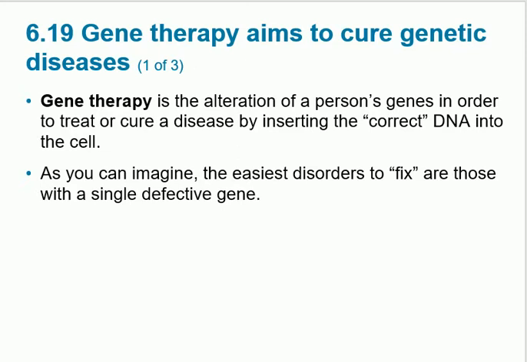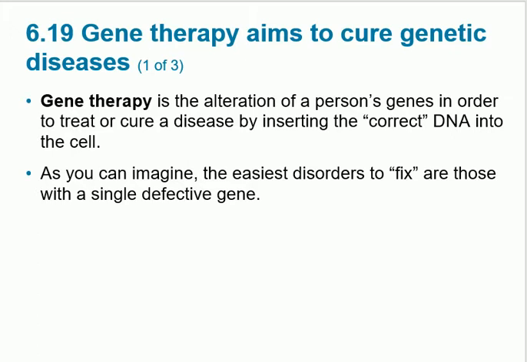Gene therapy is if a gene is having an issue, we can try to fix it. It's not successful every time, but at least we can try. And you're doing that to cure a disease or to treat a condition.